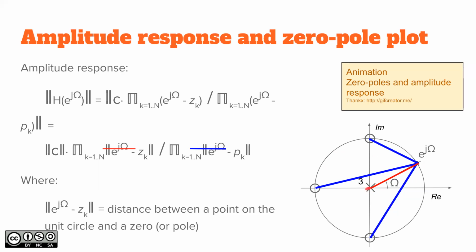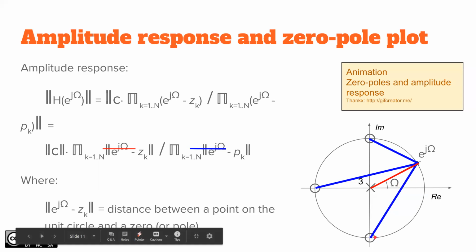the distance to the origin from a point on the unit circle is always 1. So for a finite impulse response system such as this running average filter, the denominator will become 1. The numerator distances will be this distance times this distance times this distance. That's the numerator part.